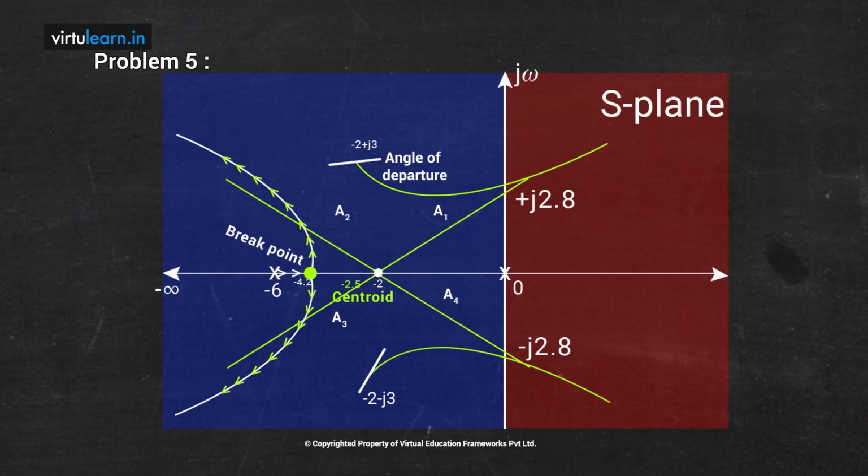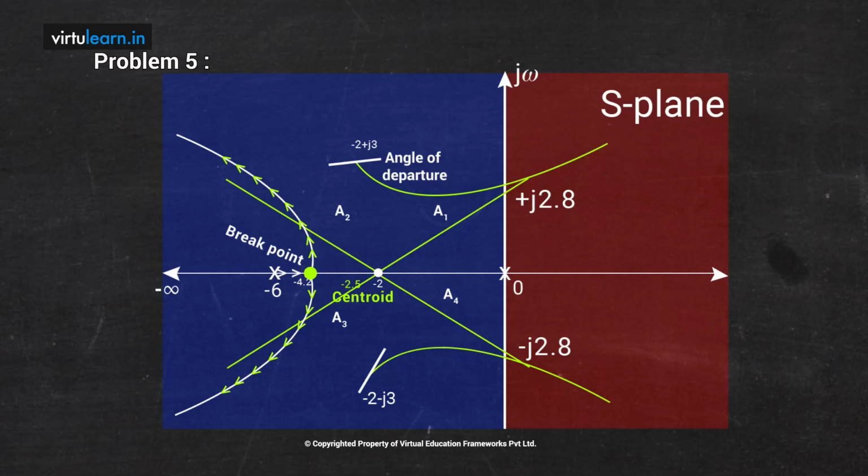In this case, the nearest asymptotes will be A1 and A4, so they go in this direction and this direction. That is when the breakpoint is nearer to the imaginary axis and the centroid is away. But for this problem, the centroid is nearer to the imaginary axis and the breakpoint is away. So the real root locus branches go towards the left direction and the complex ones go towards the right direction.